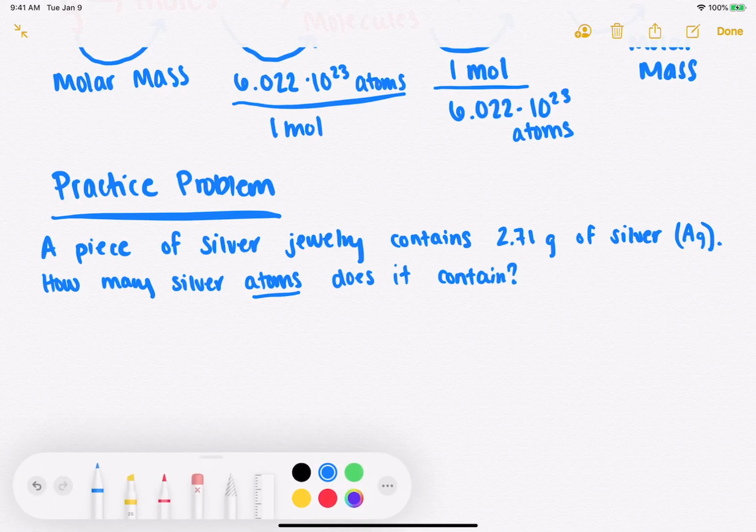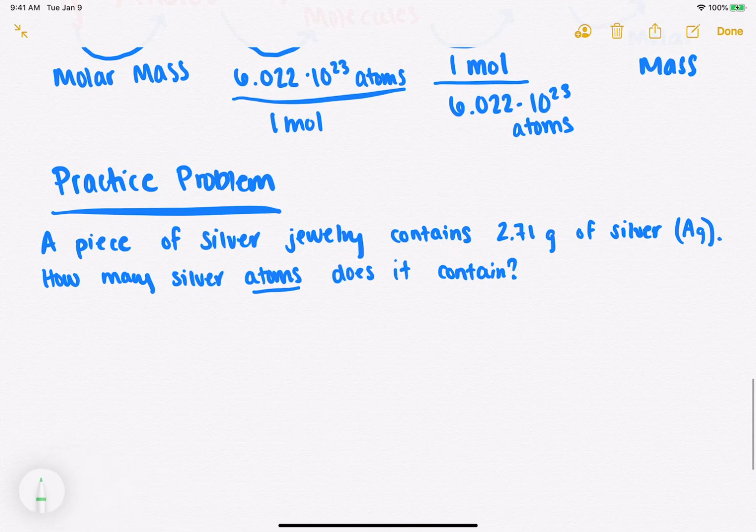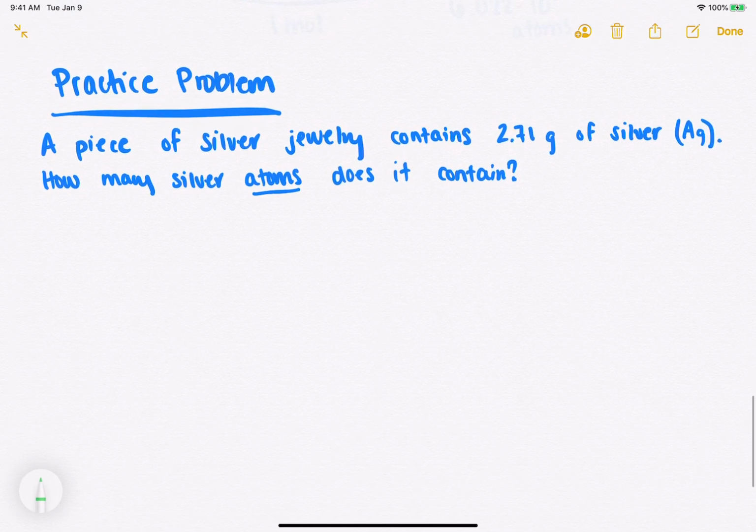Okay, so here's how I like to organize these problems. So first, I like to identify, what am I trying to find? We're trying to find the number of silver atoms.